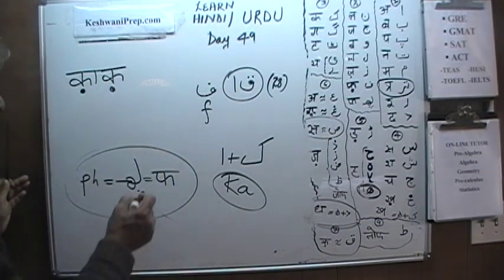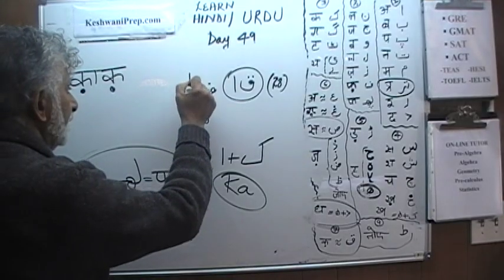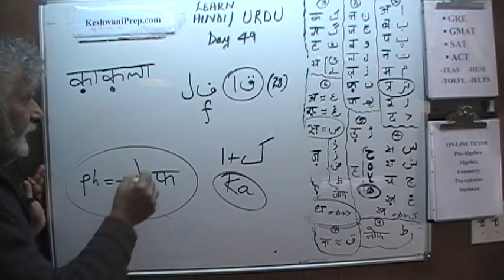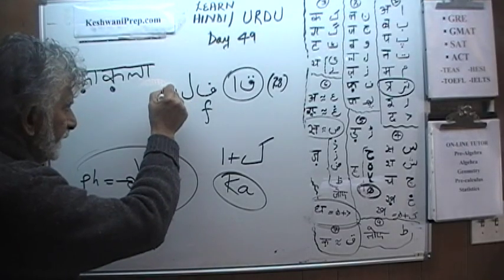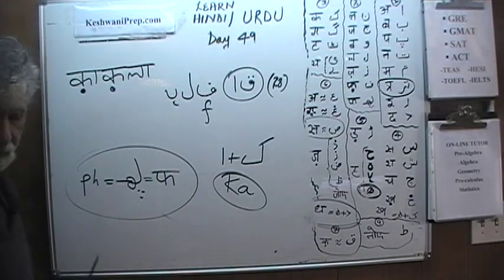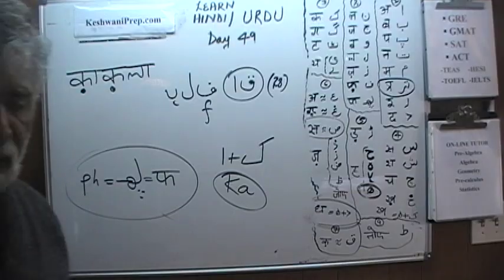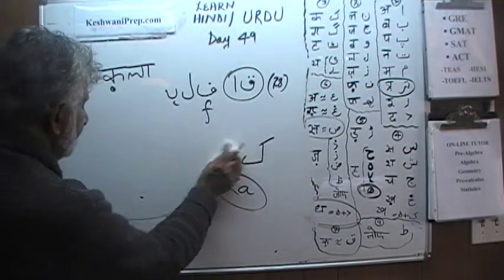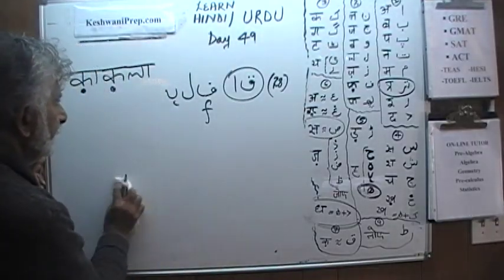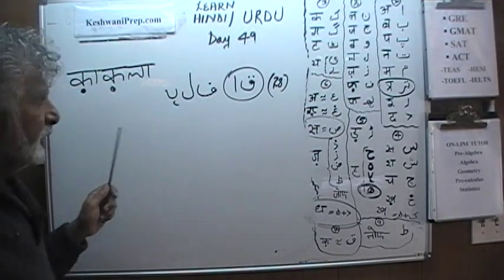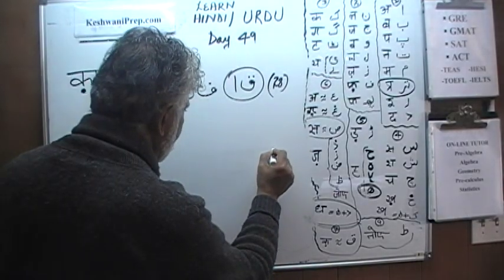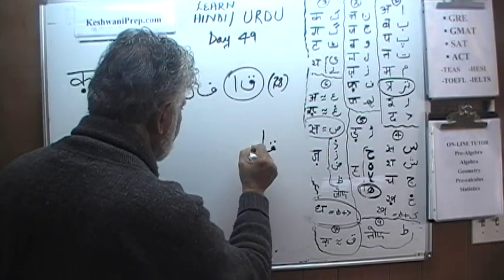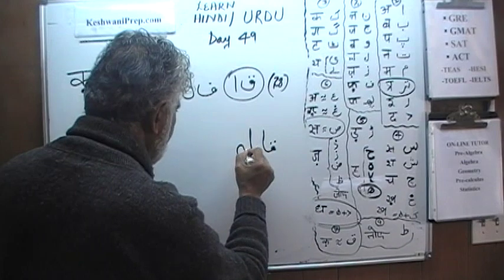Qaf, la. Lam, la, and A. But in Urdu it's going to end with an H. Let's first put it together and then we'll worry about what that means. So when we put it together, Qaf and Alif, that's very straightforward. Qa, fo, and then a la and a la.